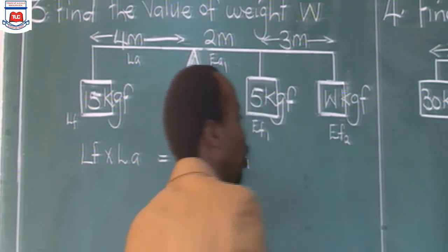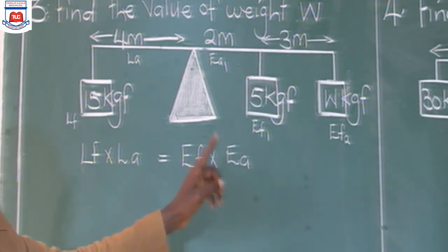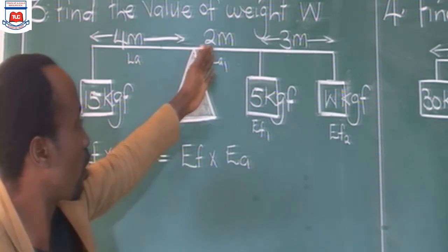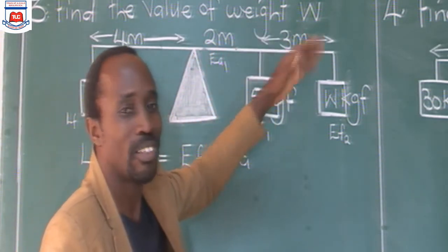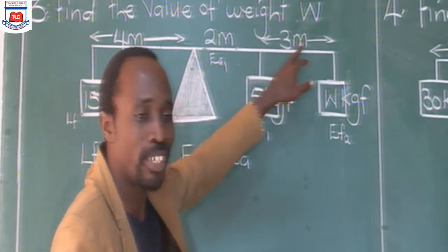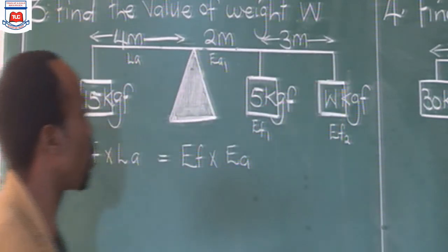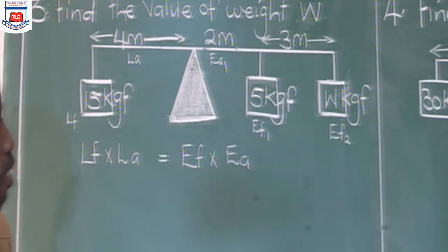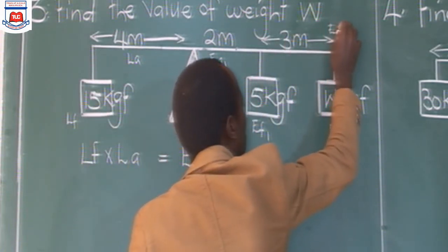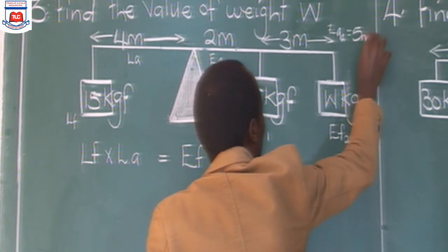We shall also multiply it by its distance from the pivot. In this case, we don't have any unknown. It is very simple. We shall add 2 plus 3. That is the total distance from here up to here. That is 5 meters. In other words, the effort arm 2 will equal 5 meters, okay?